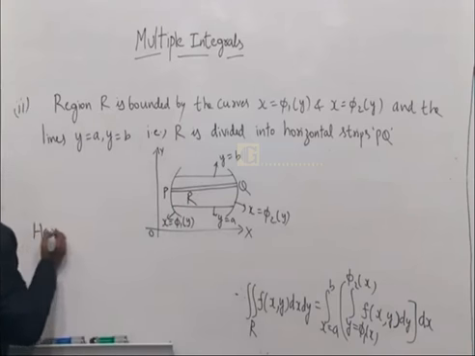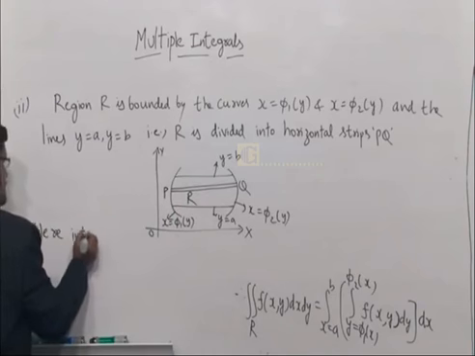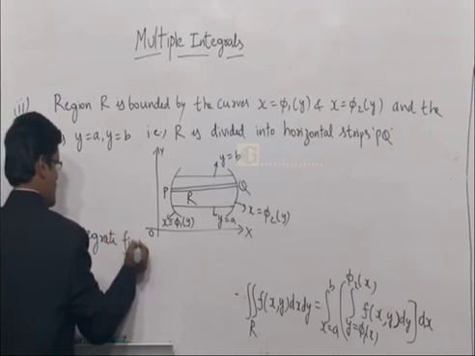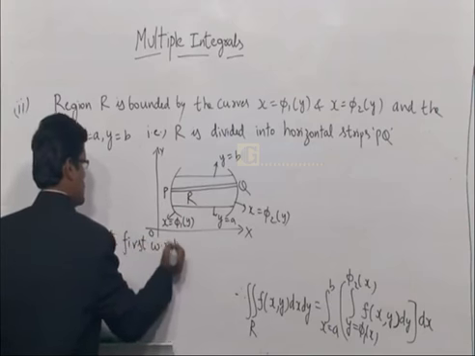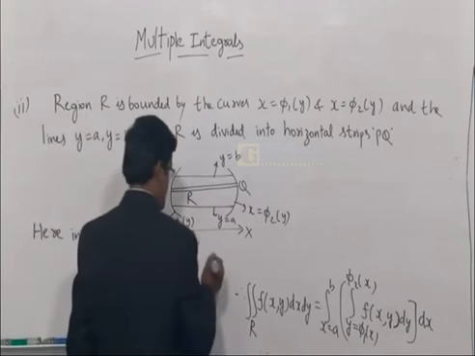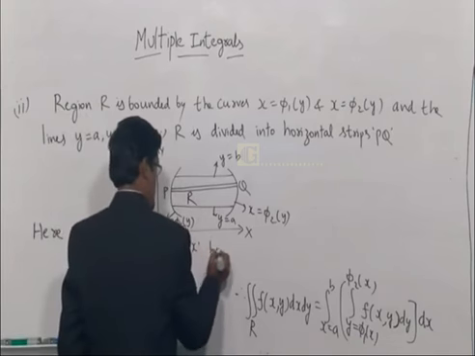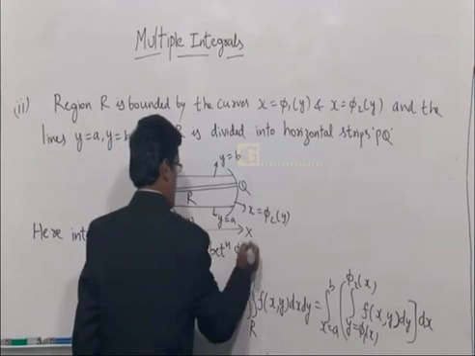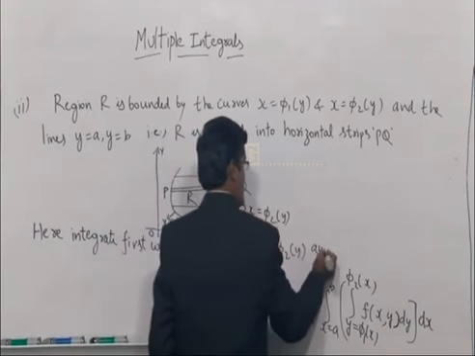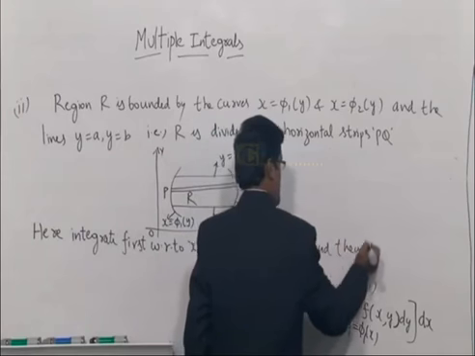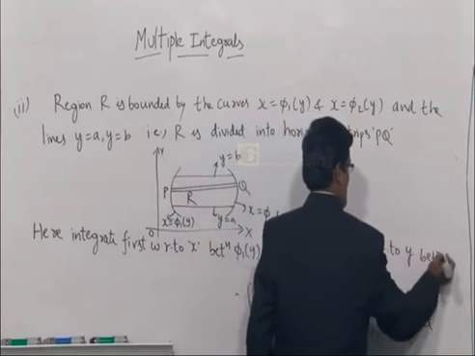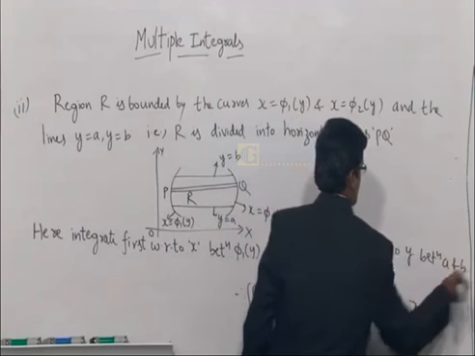Here integrate first with respect to x, because the x limits are functions of y, between phi 1 y and phi 2 y, and then with respect to y between a and b.